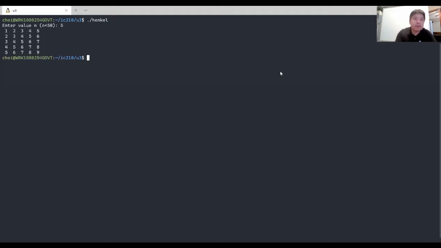If you type 5, it basically outputs this kind of matrix. So 1, 2, 3, 4, 5, 2, 3, 4, 5, 6, something like that.